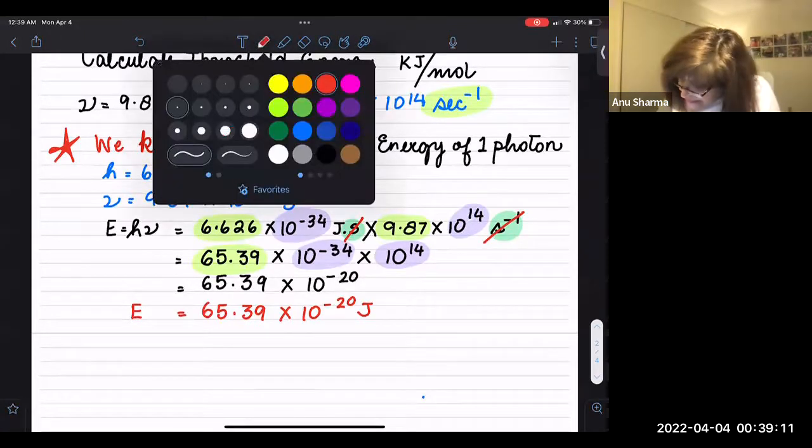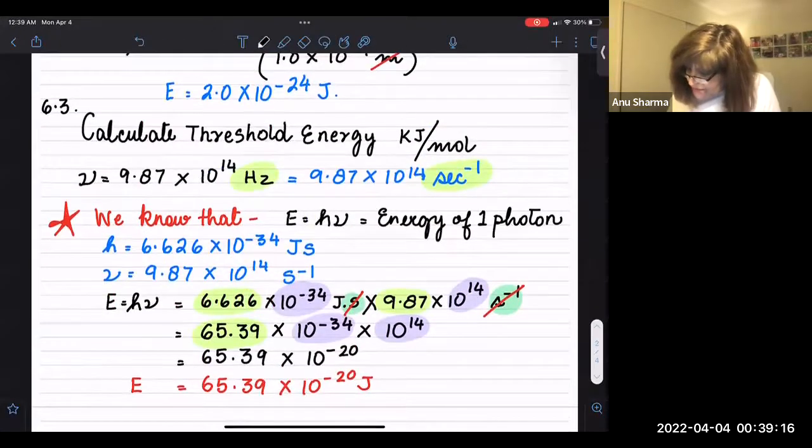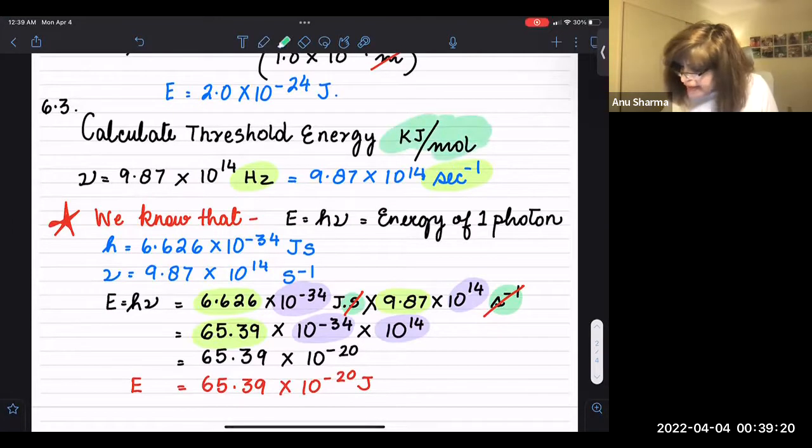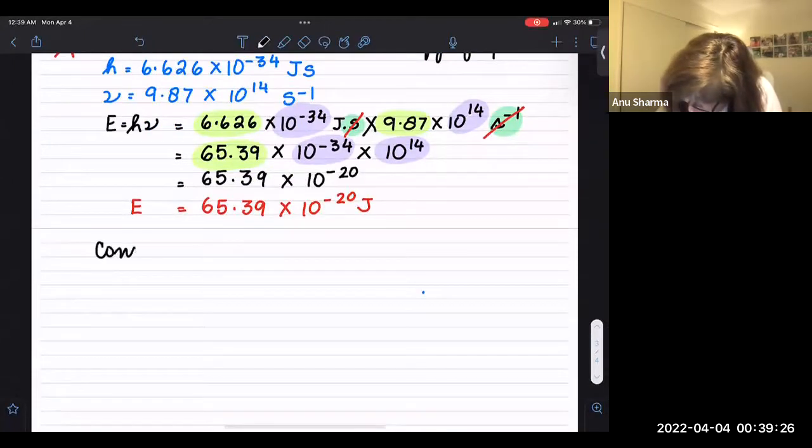Now the question is asking us, what is the threshold energy in kilojoules per mole? Now, kilojoules. So convert this joules into kilojoules. Let's write this down here. Convert the joules to kilojoules.